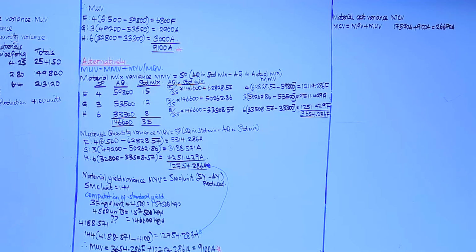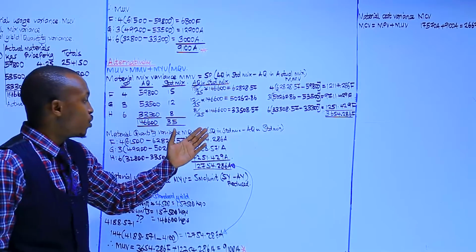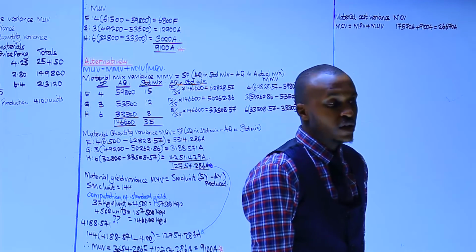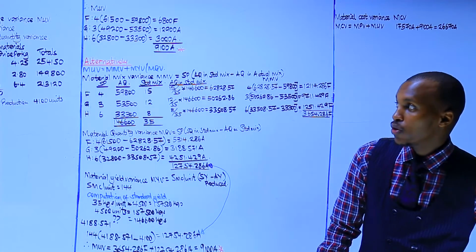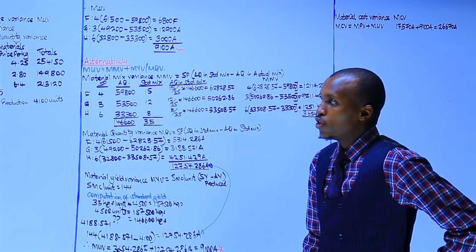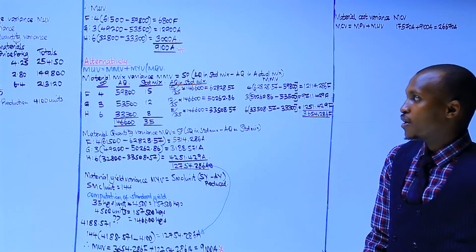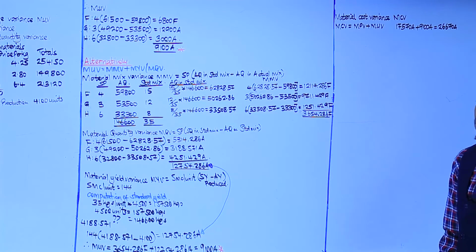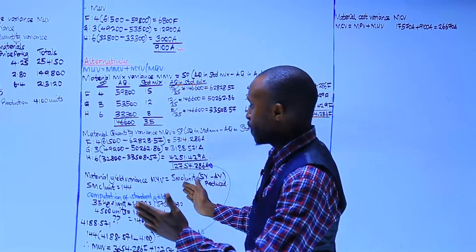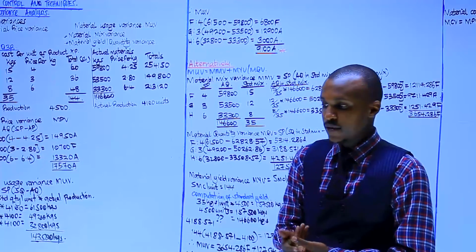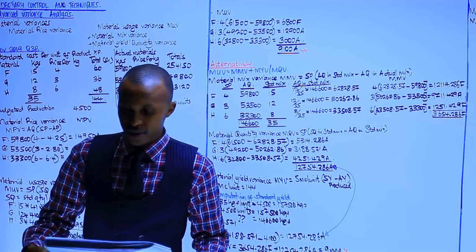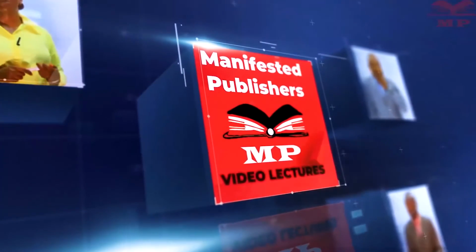And that is your material mix, your material yield, your material quantity, your material usage, and your material price variance, as well as your cost variance. So these are the advanced variances for materials. Okay, those are the advanced variances for materials. Right.